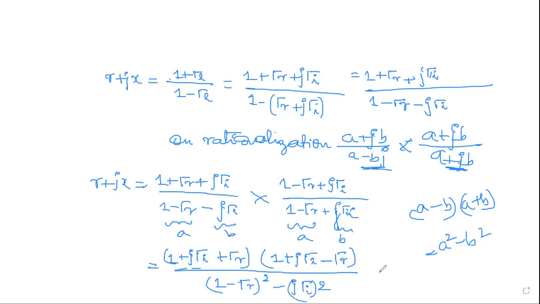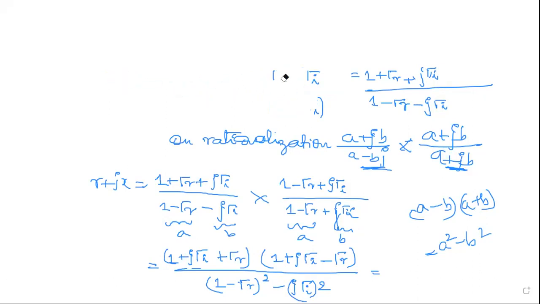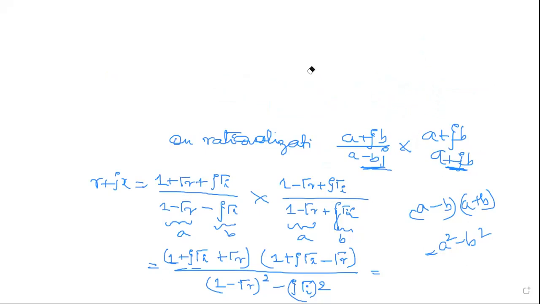Okay, so I'll write it on the new screen. The numerator term can also be written in the form of 1 plus j gamma I: this I can consider as the A term and this is the B term. Similarly, this is the A term and this is the B term.